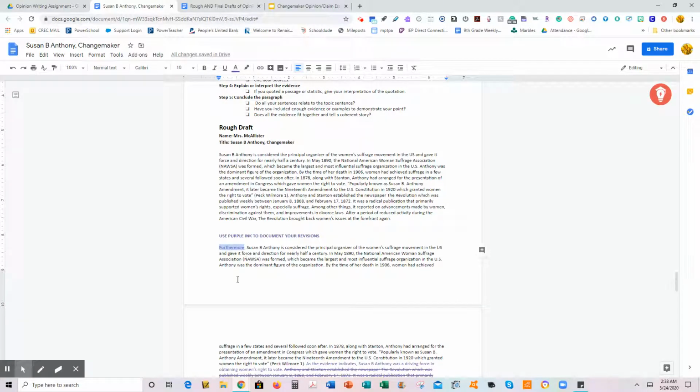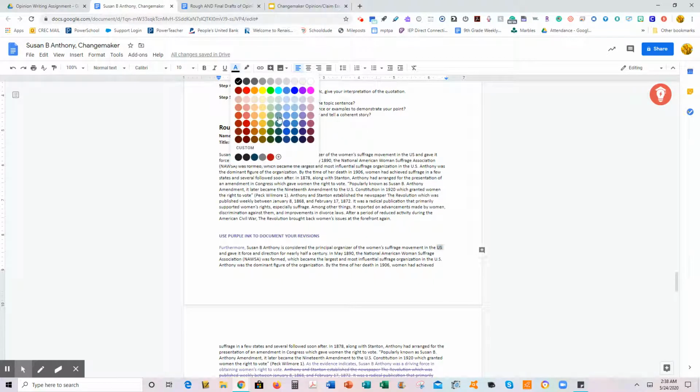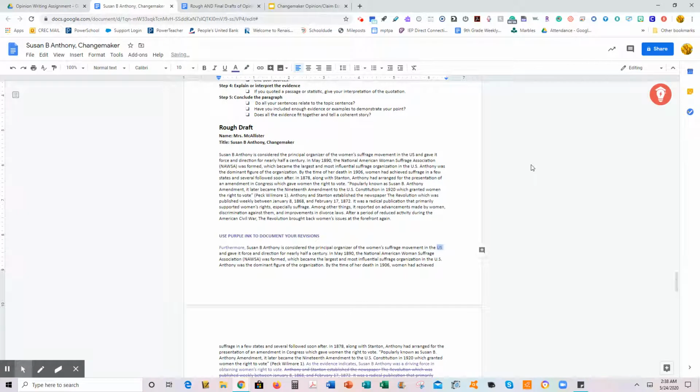into this paragraph. So I picked furthermore. Susan B. Anthony is considered the principal organizer. Now, I'm going to make sure I put one in the United States, and gave it force and direction for nearly half a century. In May 1890, the National American Women's Suffrage Association was formed, which became the largest and most influential suffrage organization in the United States.